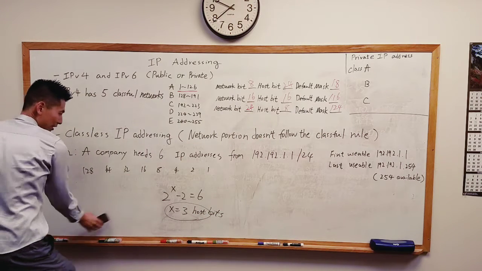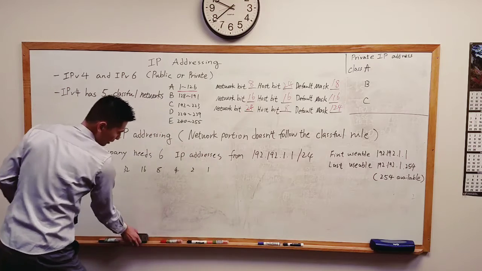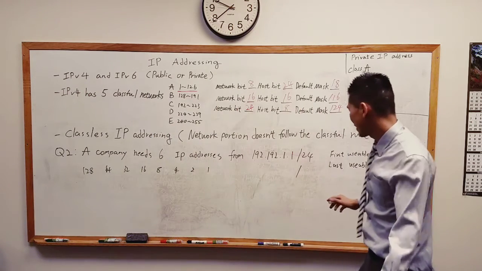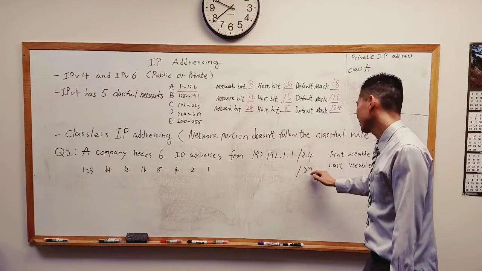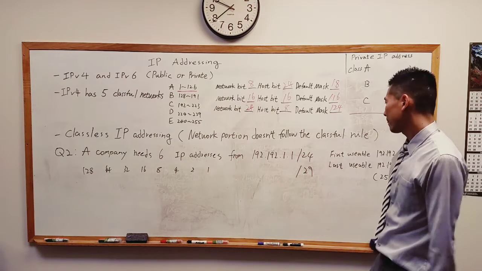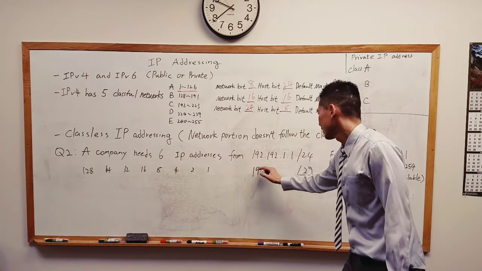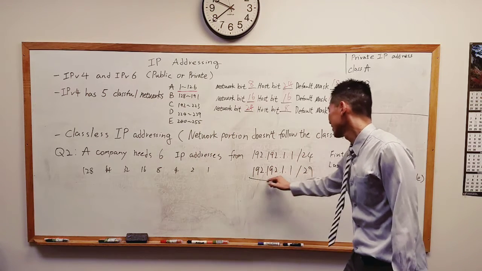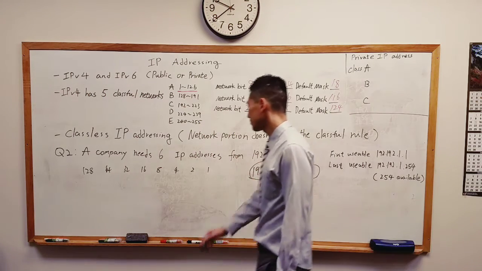Okay? Now let's erase this. So I need 3 host bits, which means my mask is going to be /29. So 32 minus 3. Now let's take a look to see if this is what we need. Okay?